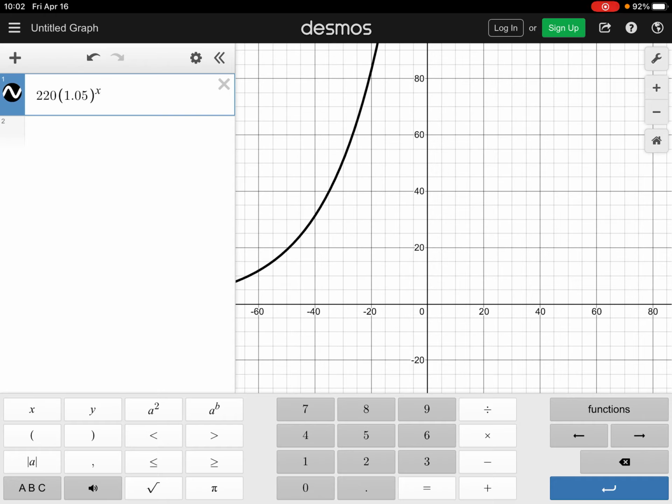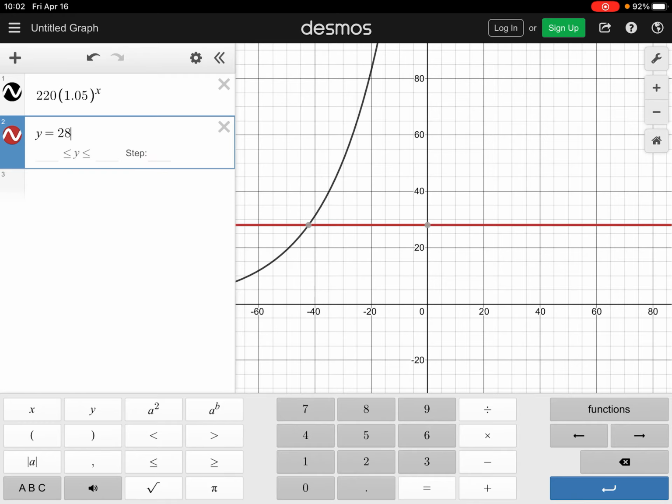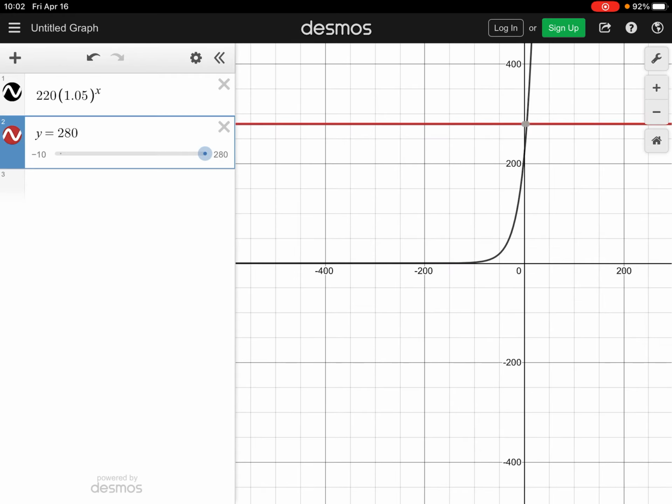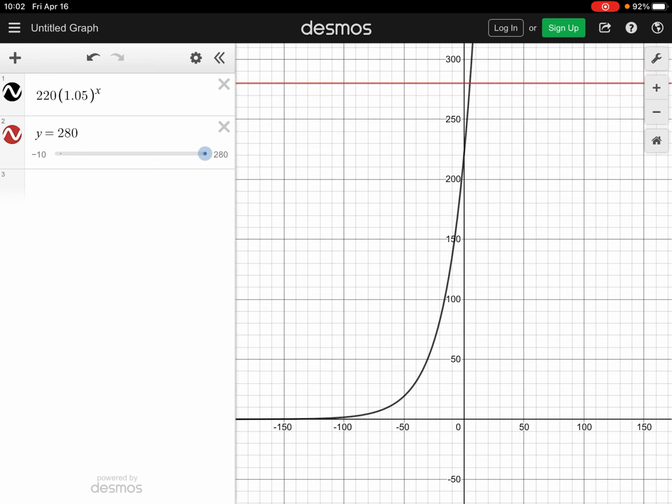And I want to know when does it reach 280? So I could say y equals 280. Find that line. Find out where they intersect. They intersect at 4.9, which let's round that to 5.